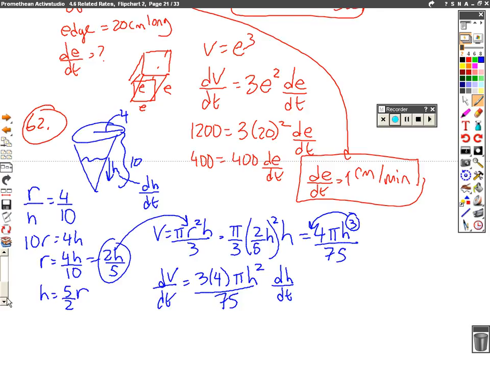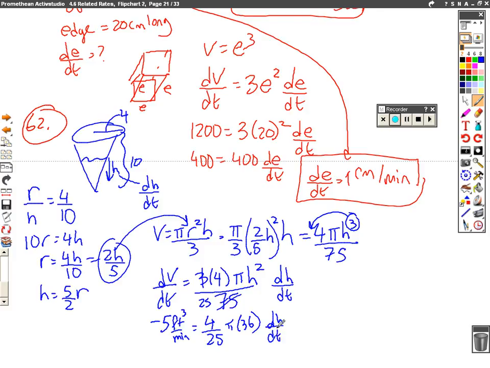So basically, that's the change in volume, -5 cubic feet per minute. Then we solve this. 3 divided by 75 becomes 1/25. So we've got 4 over 25 pi. They're telling us h is 6, so 6 squared is 36, times dH/dt.